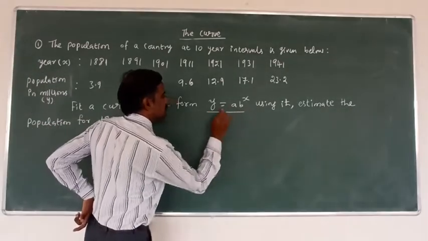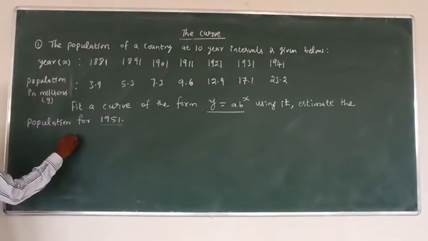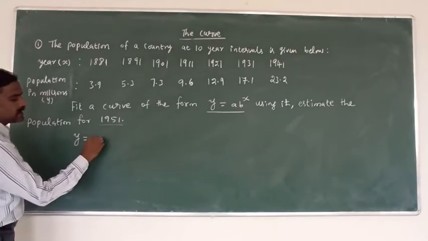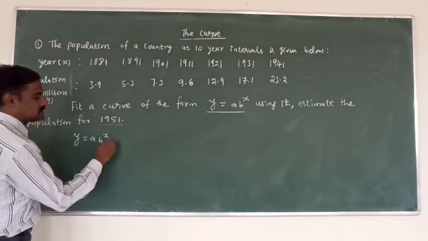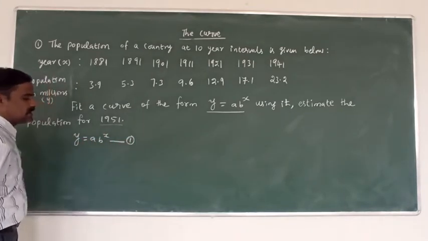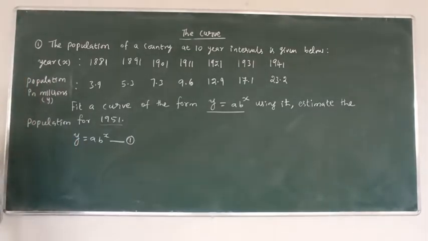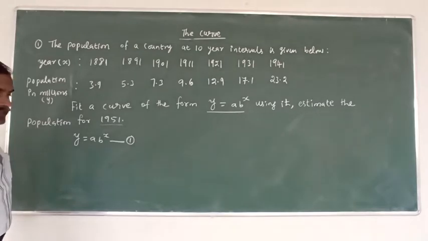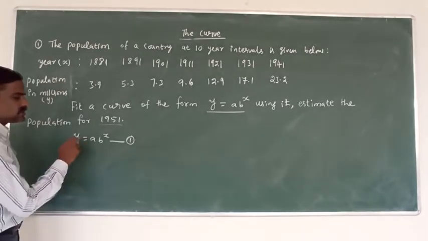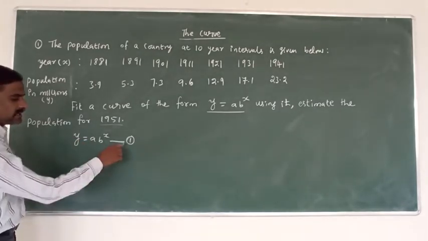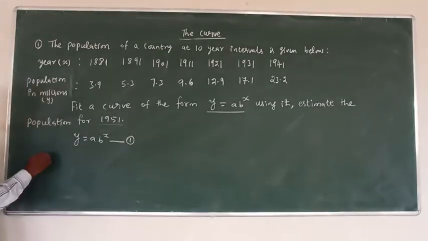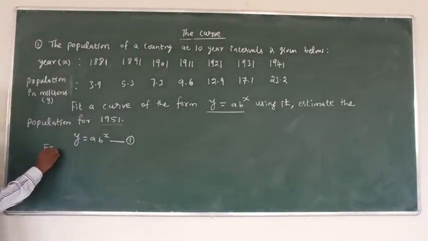Now the formula y equal to a b power x. This is equation number 1. This equation is not in straight line format. First we have to change it into straight line format.